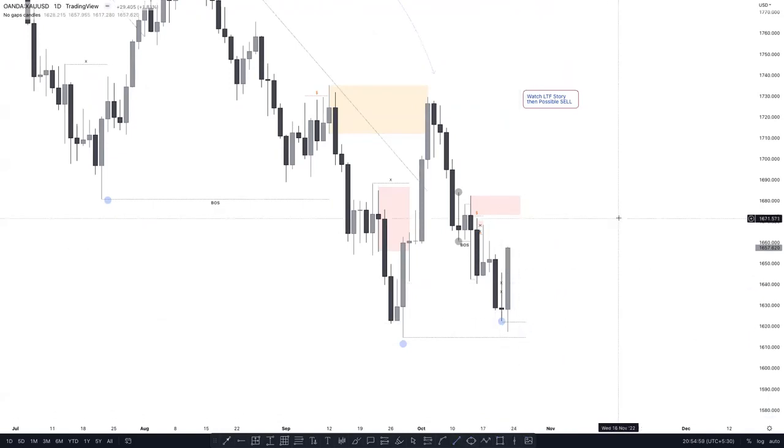After sweeping this low, market is trying to go higher and possibly tap on this supply zone here, and then we can sell in gold in the daily time frame structure. Okay, so market can tap here and then possibly go to the downside, right? Because this order has taken out the previous candle high, so this becomes our high probability compared to the other one. Correct.